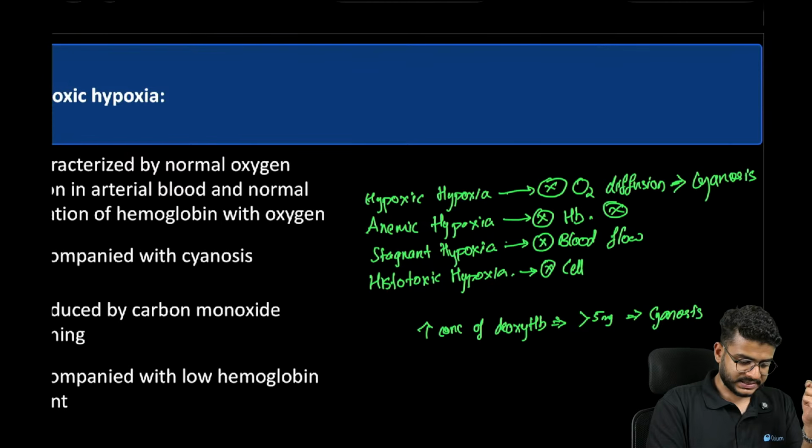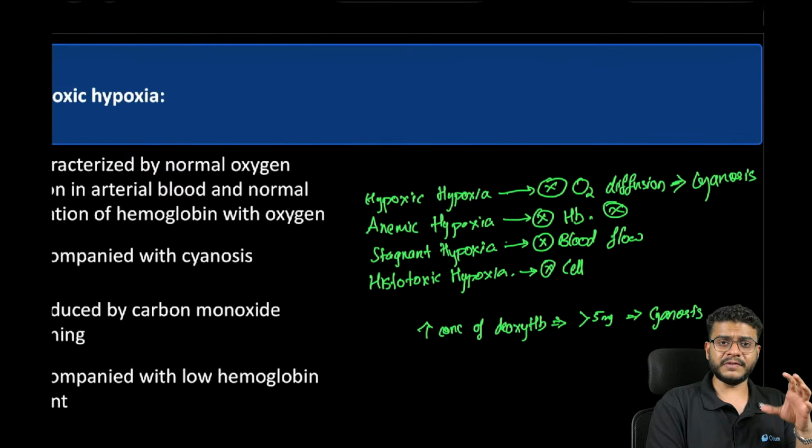Okay, in stagnant hypoxia, the blood flow is very slow, so the tissues will take oxygen from all or most of the hemoglobin, leaving a higher number of hemoglobin reduced, or the concentration of reduced hemoglobin, deoxyhemoglobin, is increased, which leads to cyanosis.